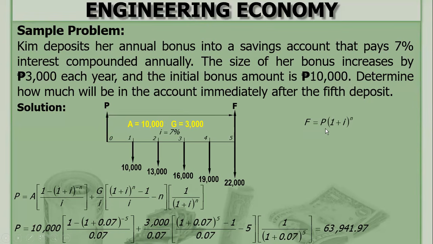F is equal to P times 1 plus i raised to N. And then substitute the value of P, and this is the amount of the value of all 5 deposits, based on year 5.